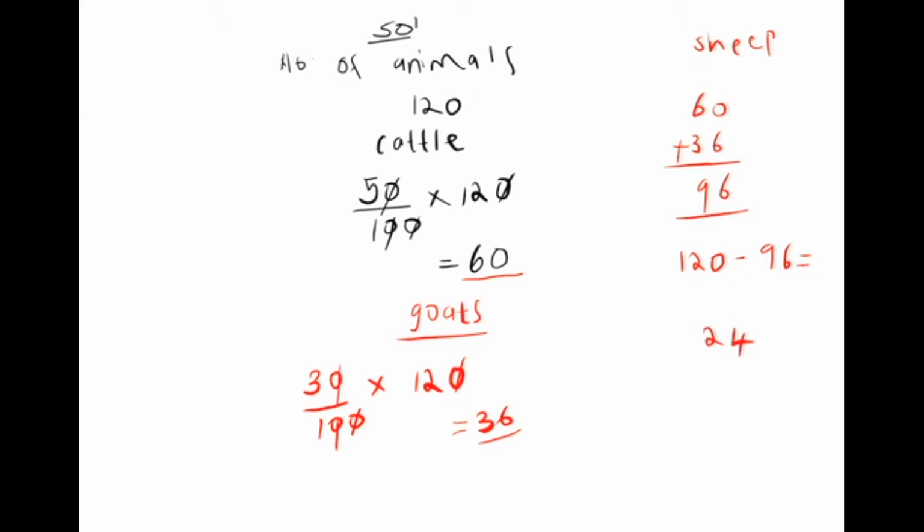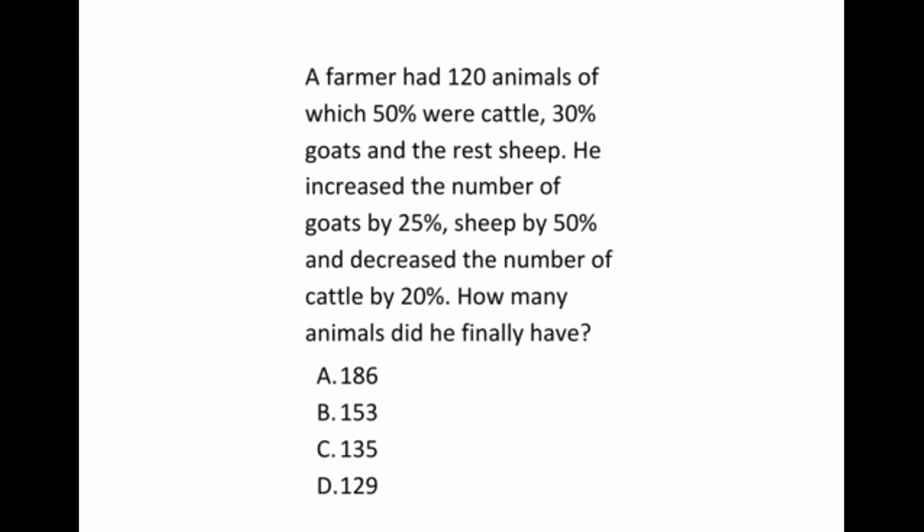So the number of sheep is 24. And we are asked how many animals did he finally have. The question tells us that he increased the number of goats by 25%, the number of sheep by 50%, and decreased the number of cattle by 20%.